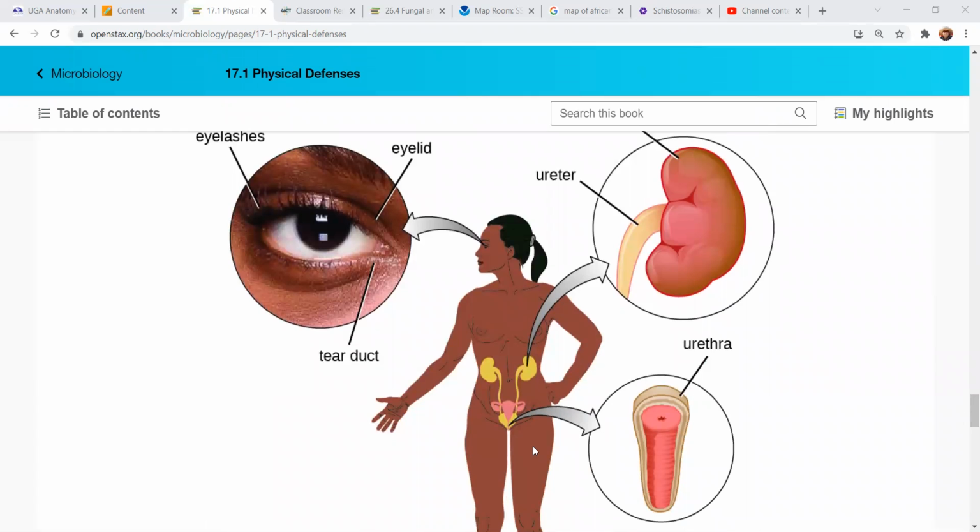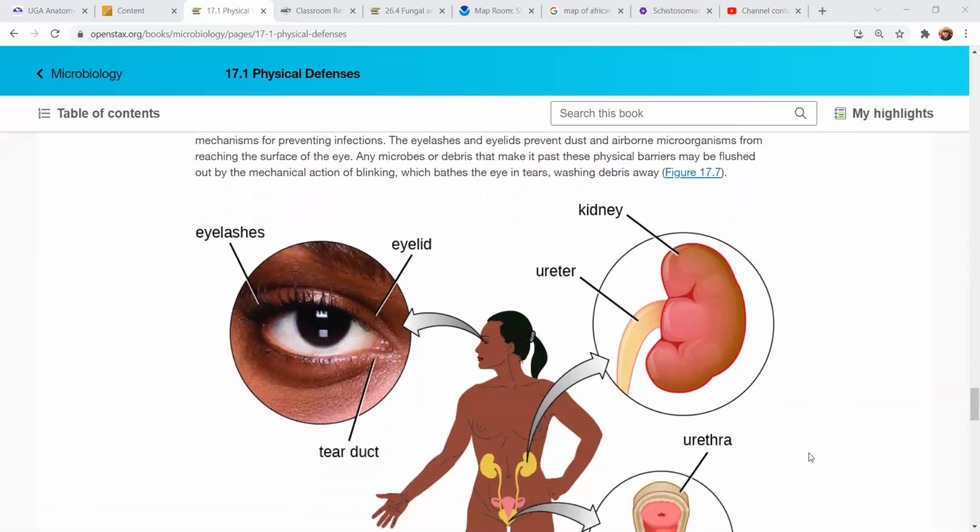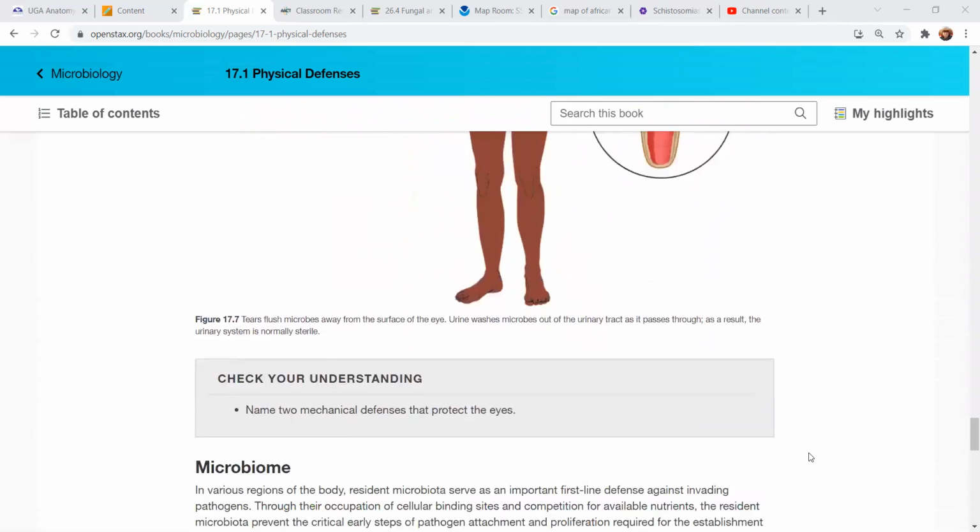Also, the flow of urine helps to wash pathogens away and prevent them from getting into the urethra, the bladder, the ureter, or the kidney. And so these would be physical, mechanical defenses, essentially washing the debris away.